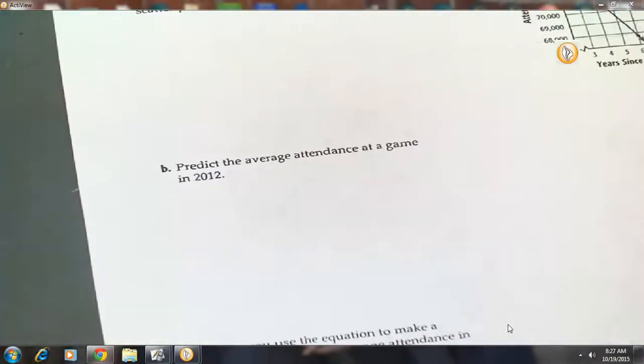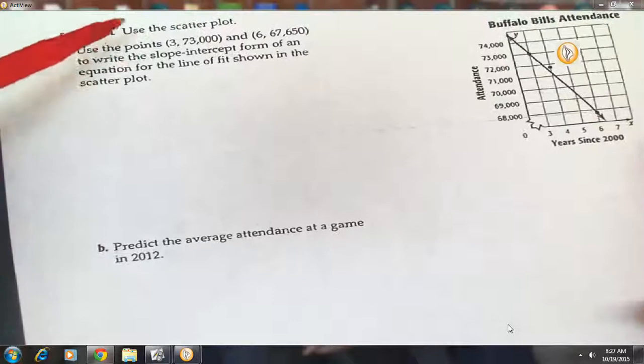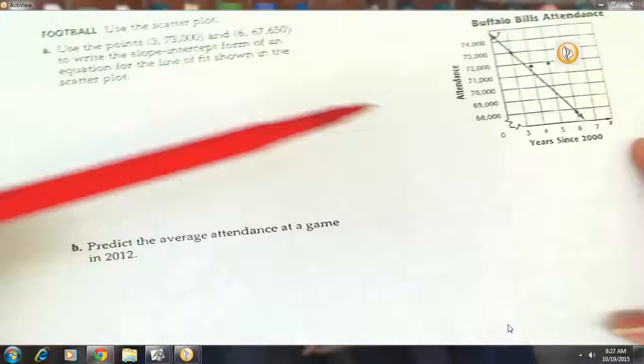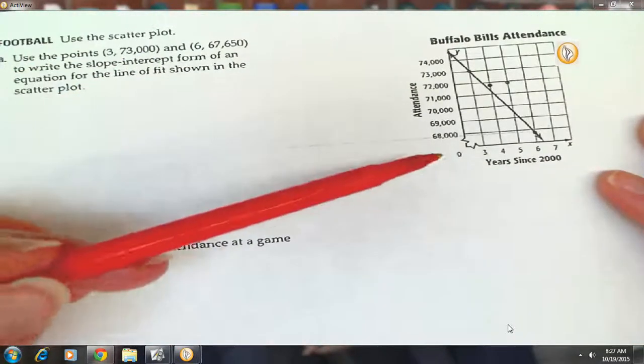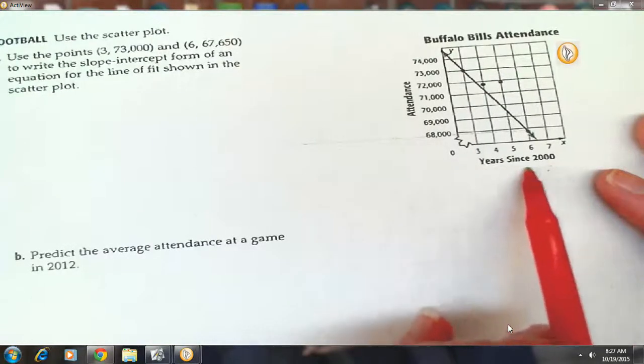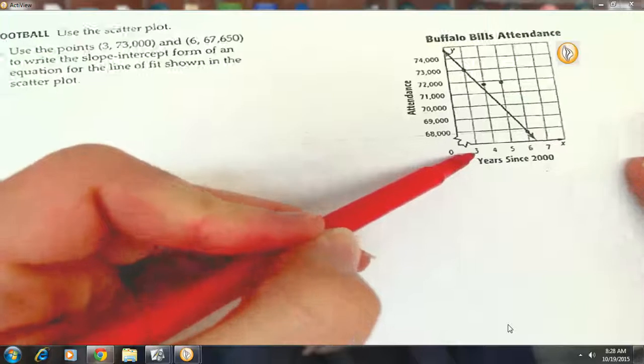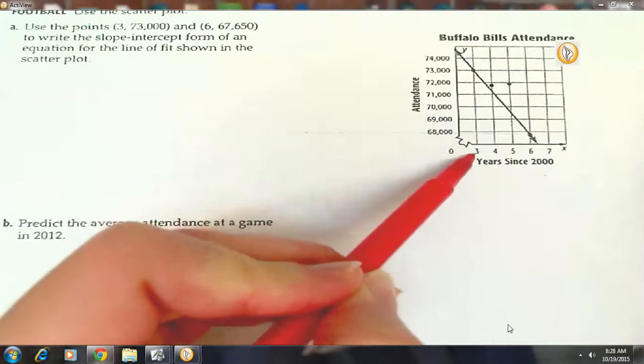On the back side, let's go ahead and look at it. It says use the scatter plot of Buffalo Bills. So on the x-axis, we've got years since 2000. So on that x-axis, what does 3 represent? 3 years.